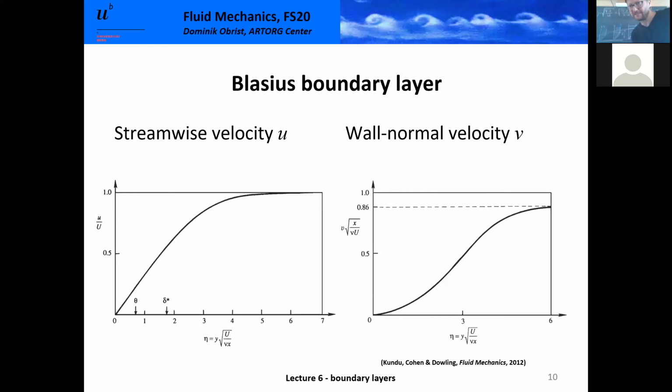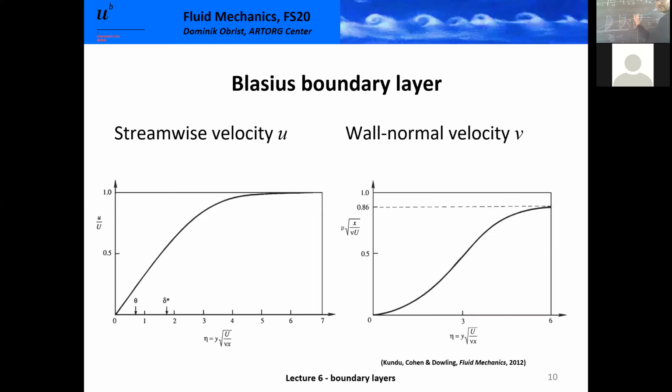So why is the velocity not 0? To this end, you need to look at this picture again. The boundary layer is getting thicker and thicker and thicker. So especially for fluid particles on these outer edges of the streamline, you need to have a slight shift of velocities also in the vertical direction.